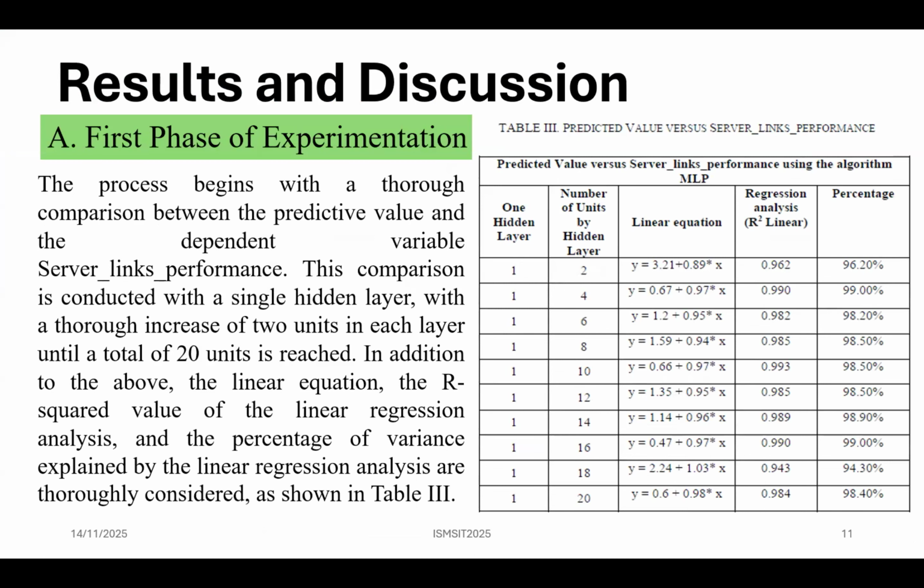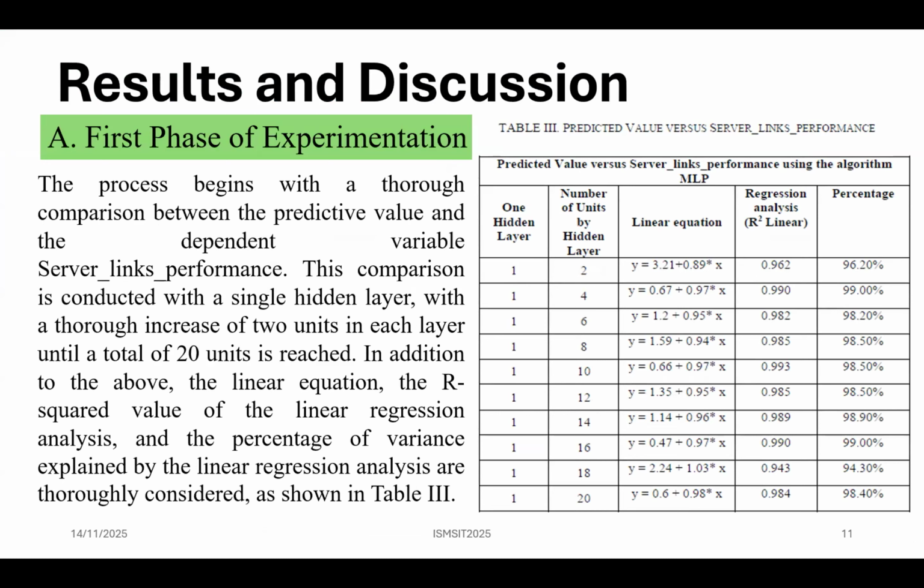In the results and discussion section, in the first phase of experimentation, the process begins with a thorough comparison between the predicted value and the dependent variable, server link performance. This comparison is conducted with a single hidden layer, with the number of units increased by 2 units per layer until a total of 20 units.